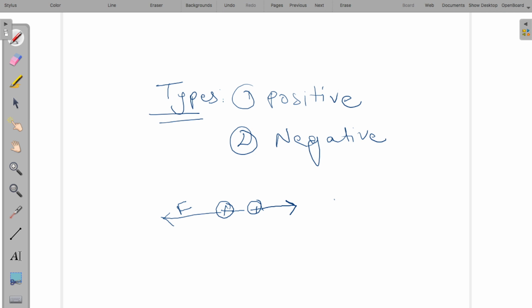On the other hand, if we place a positive charge and a negative charge very close to each other, this negative charge will feel a force of attraction towards this positive charge. Similarly, this positive charge will feel a force of attraction due to this negative charge.